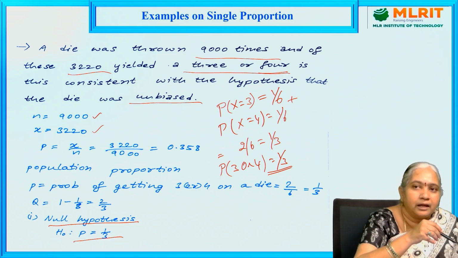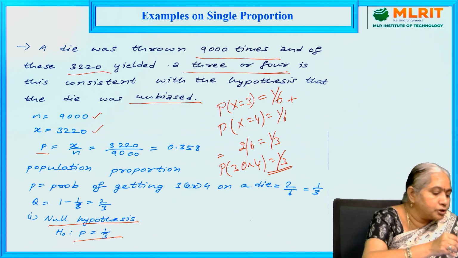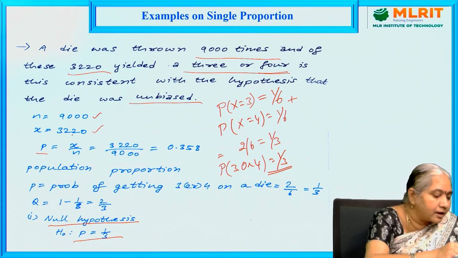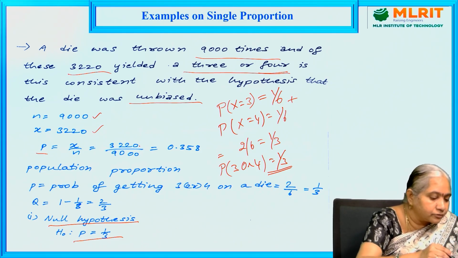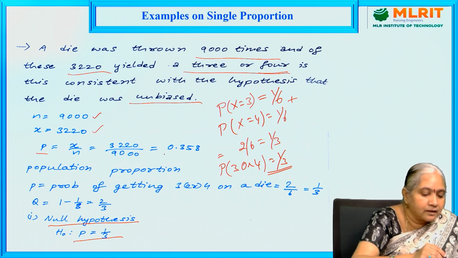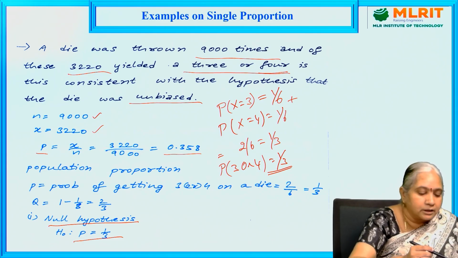The sample proportion is the number of times 3 or 4 occurred, that is the X value 3220, out of 9000, that is the N value. Then sample proportion small p equal to 0.358.